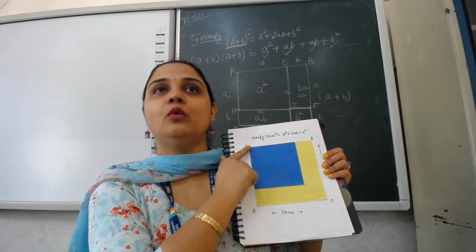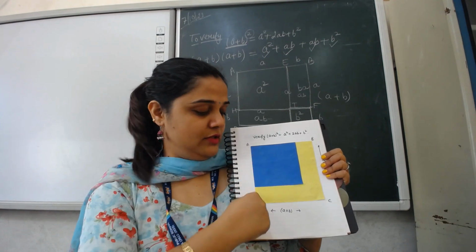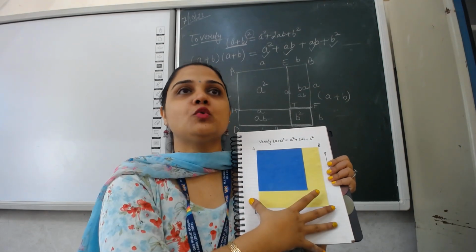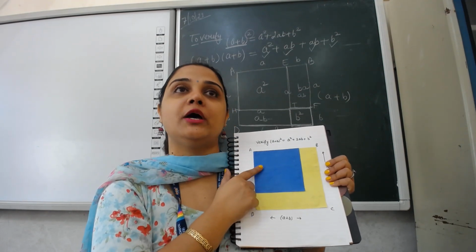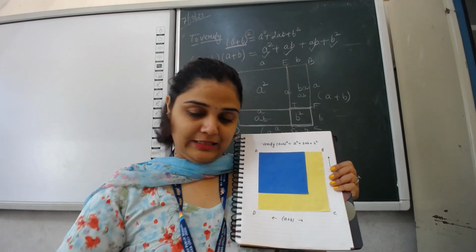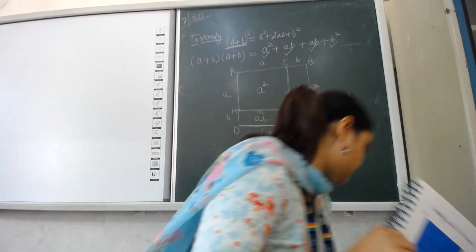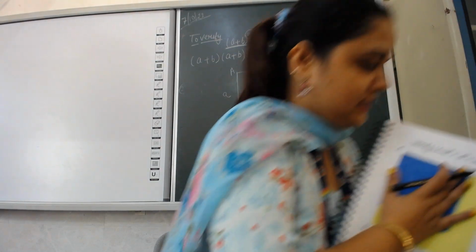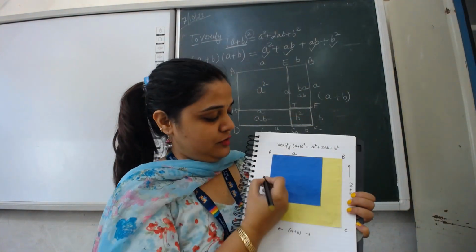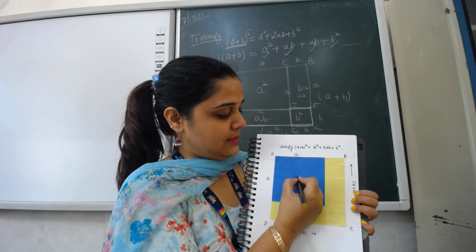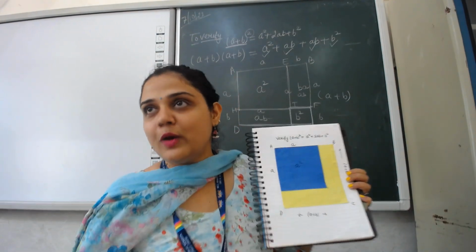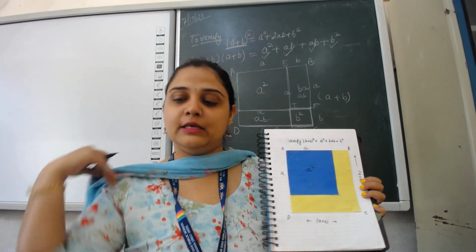In one corner the vertex is overlapping along with the sides are overlapping. All right, so on A plus B whole square I have pasted A square also because I took this length as this. I took this length as A. So this is also A. So this is representing A square. Alright, square with dimension A is A square.